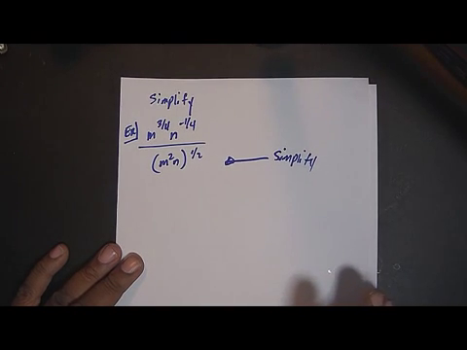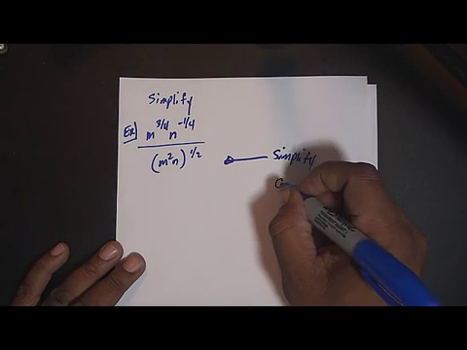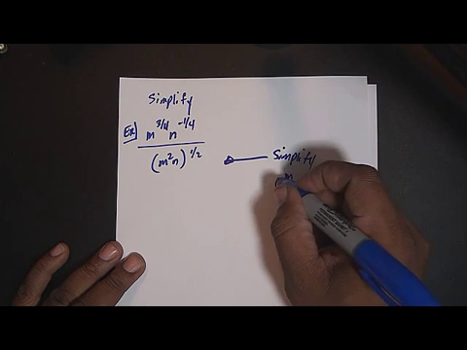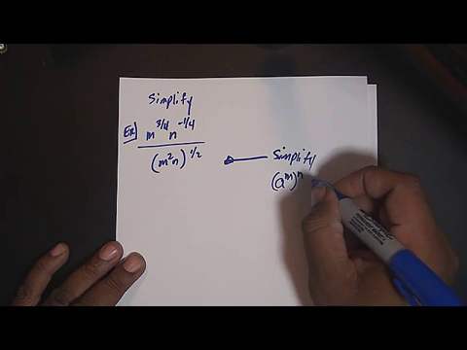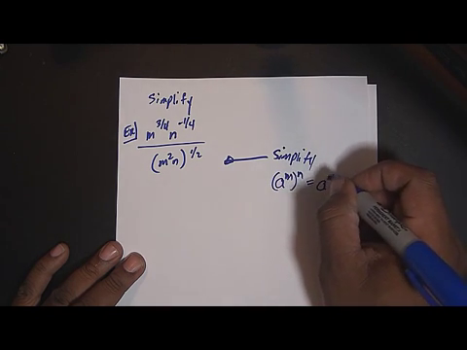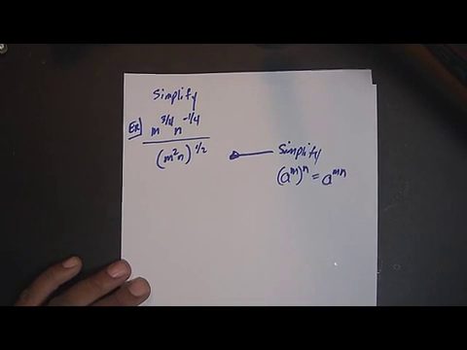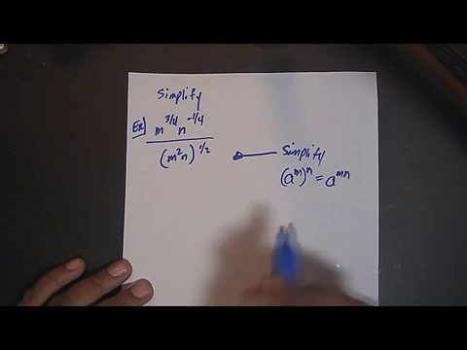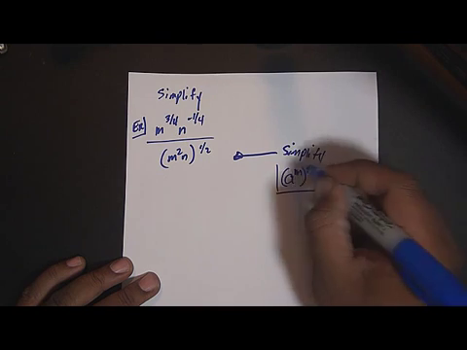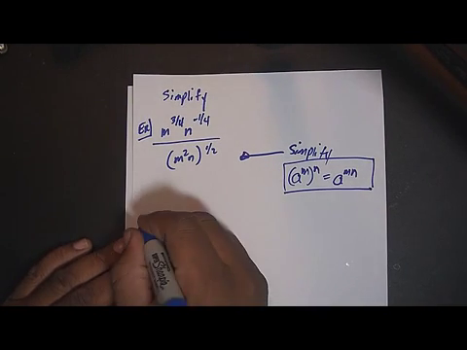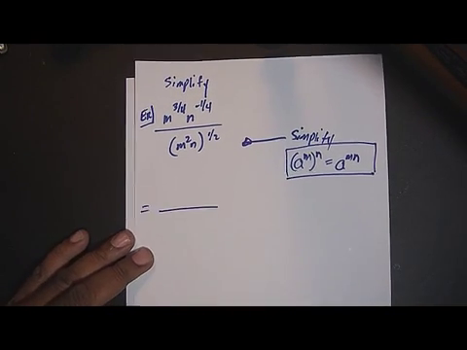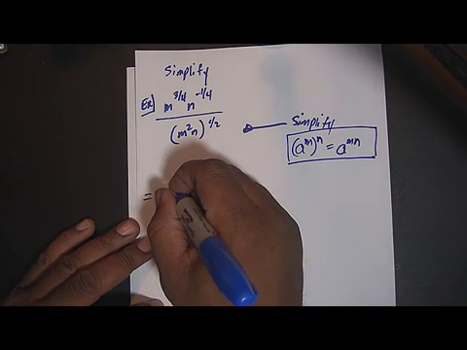Just recall that the product of power rule is a raised to the power m, all raised to the power n, is a to the m times n. So I'll apply this formula in the denominator. Our numerator remains the same.